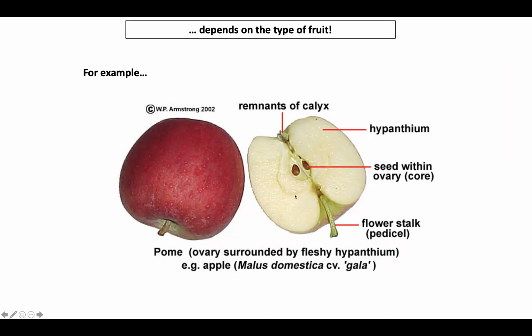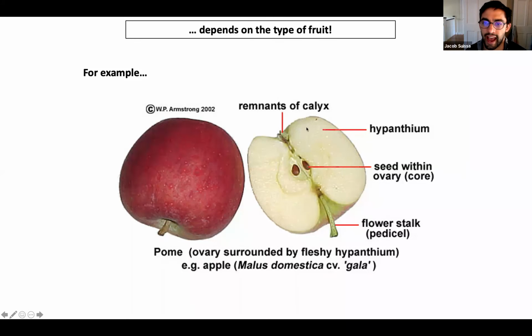It's going around the two seeds, kind of. The one outside of it, not the inner one, but the broader one, the one that's a little bit wider. Exactly. So that is actually the ovary. And everything outside of the ovary is hypanthial tissue. It's the hypanthium. So this is all modified tissue that is adding to the apple.